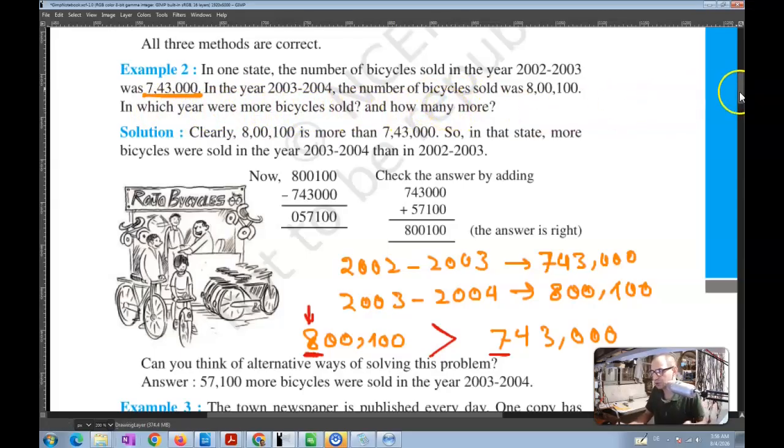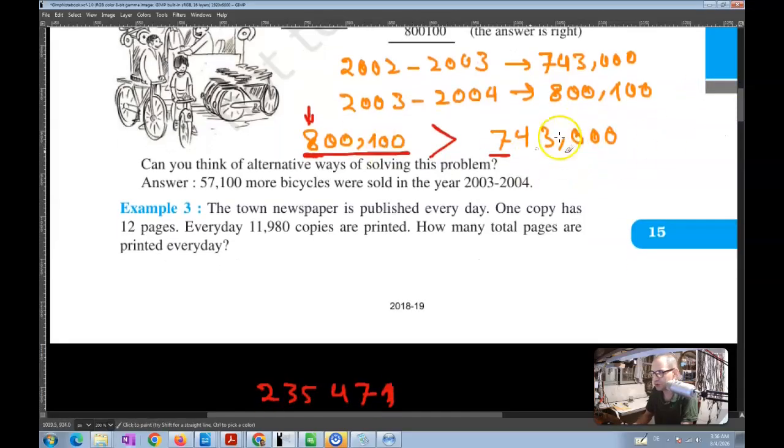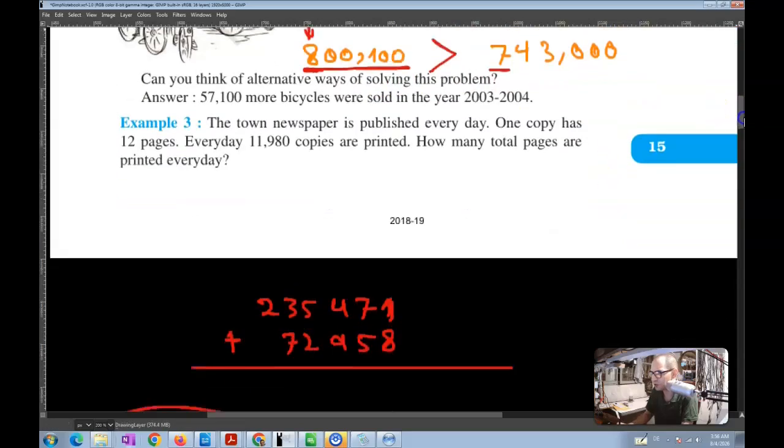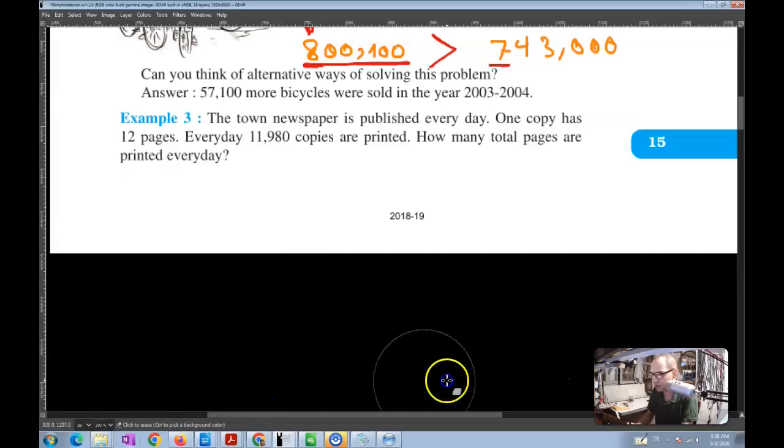So in order to know how many more, you need to check how much larger this number is than the other number, which is easy to calculate. You just need to find the difference between the two numbers. So I will write over here, and we can also practice our subtraction a little bit.